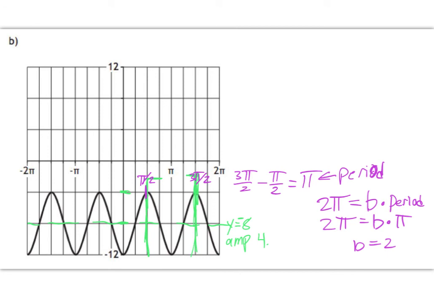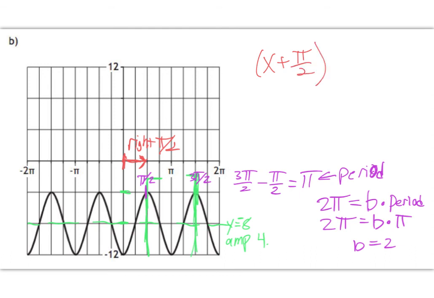So then finally we have to figure out a phase shift. Here is my origin, and based on what we chose, we have shifted right pi over 2 from where we were going to start before. So one way for us to deal with this in terms of our graph would be to say that this is x plus pi over 2.